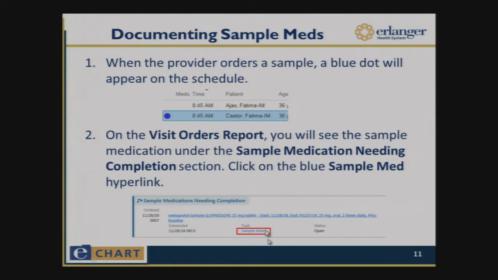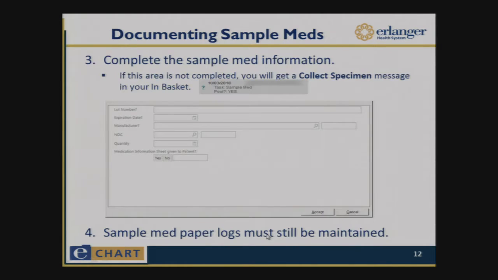You will click on the blue sample med link. You won't click on the actual sample medication name, because that will just give you more information about the order. You will click on this sample med hyperlink, and then complete the sample med information. While the provider is the one who gives the sample medication, you can document in here, and it gives options.